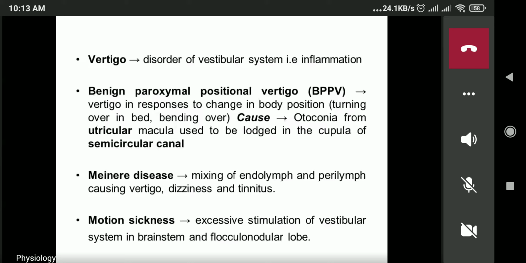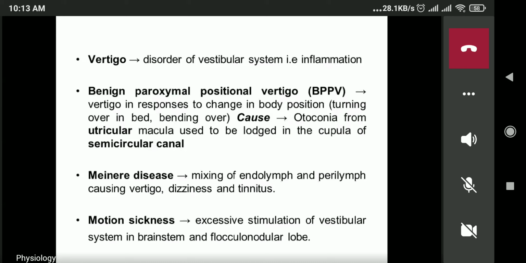Now the most dangerous one is benign paroxysmal positional vertigo.